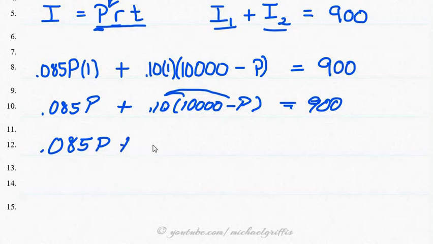0.085P plus 1,000 minus 0.10P is equal to 900.